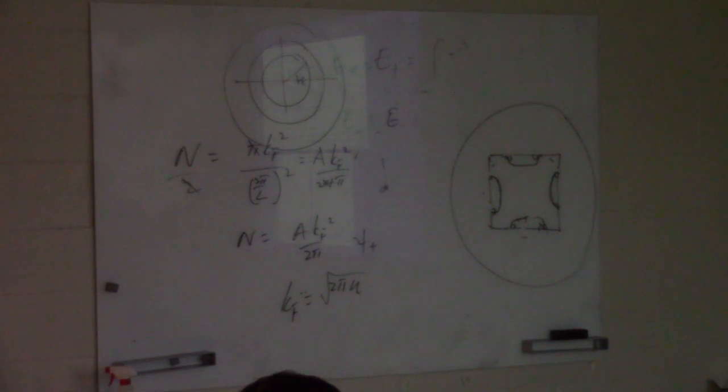For the three-dimensional case, what is the density of states? It goes as square root of E, right? So that is something like this. Like if you draw, let's do this.